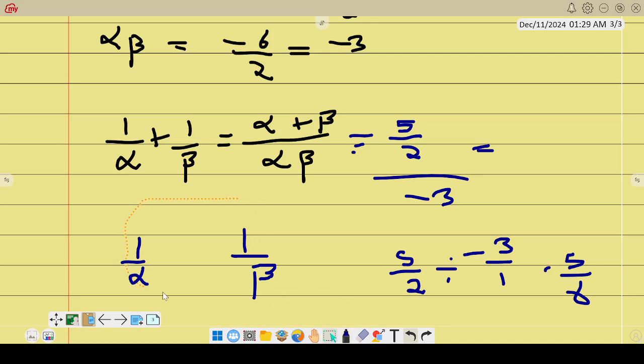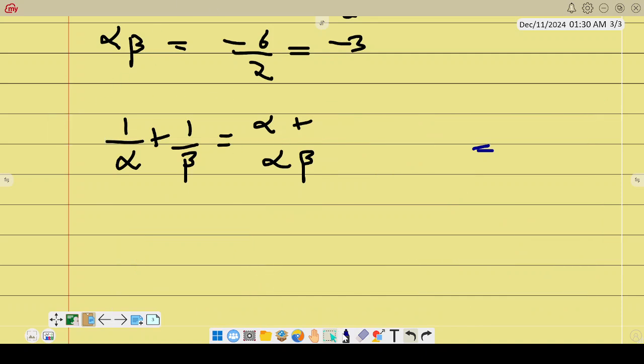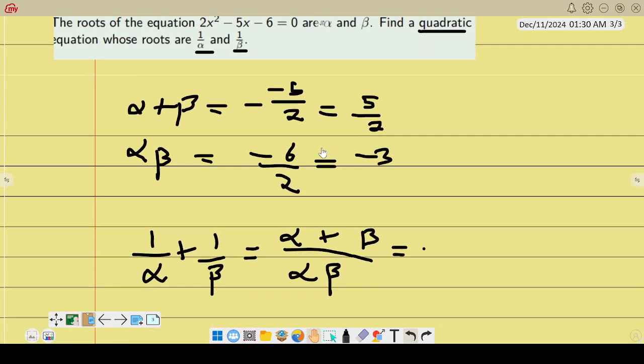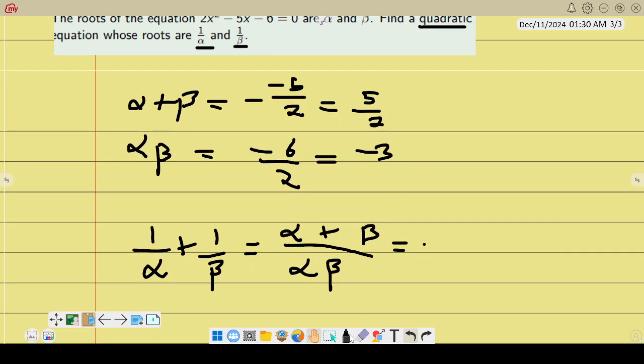So when we simplified, we had alpha plus beta over alpha beta. Alpha plus beta is 5 over 2.